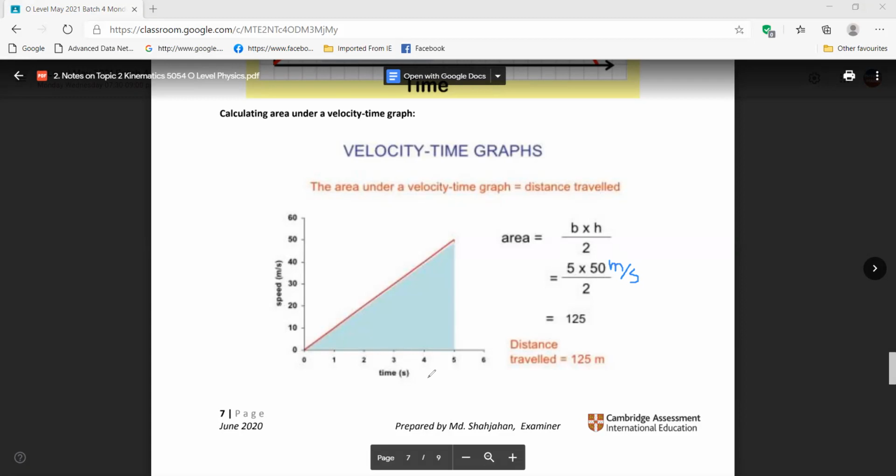The time is given in seconds, right? So it is 5 seconds. Is it clear, Karim? Yes, sir. So here we can cancel this second with second. So the unit left here is meter, right? Yes, sir. And meter is the unit for distance traveled.